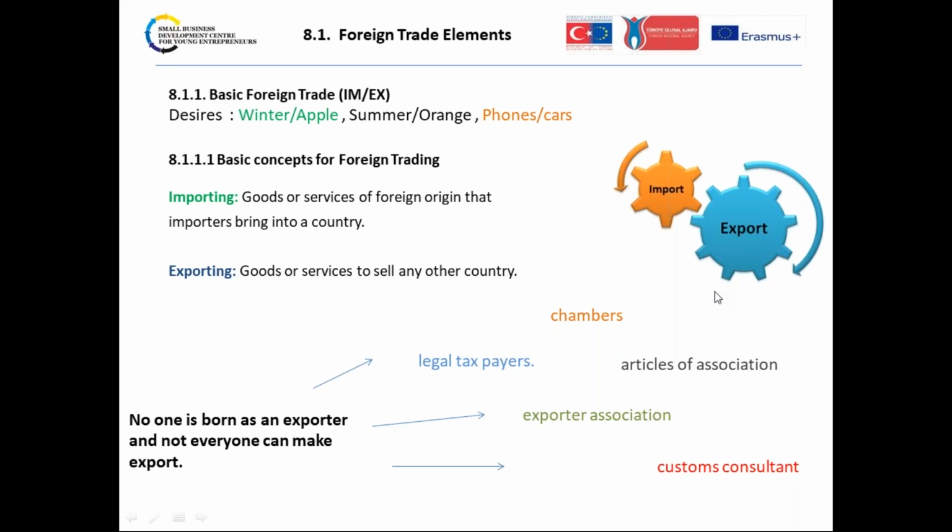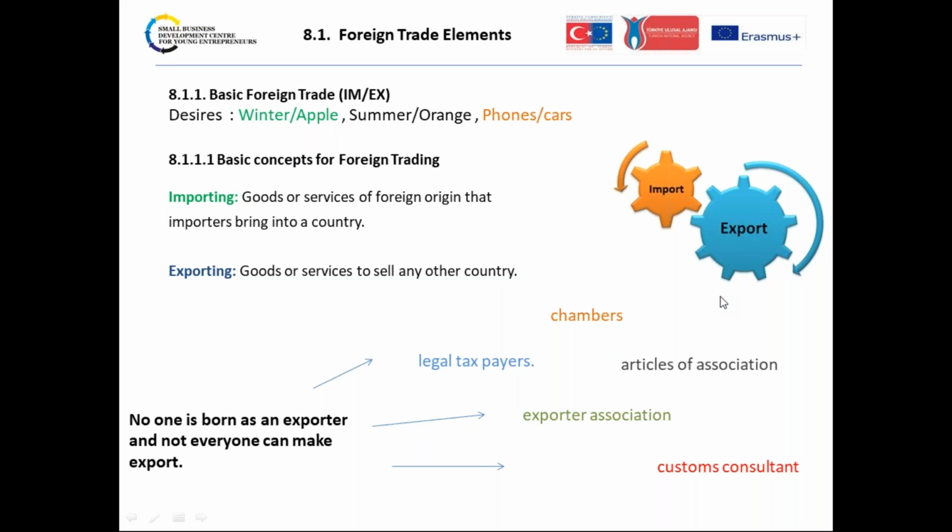And finally, you need to find and sign an agreement with a customs consultant, because these people help you and arrange your export procedures in the official areas like the ports, airports, etc. So you need to make a consulting contract with that kind of company.